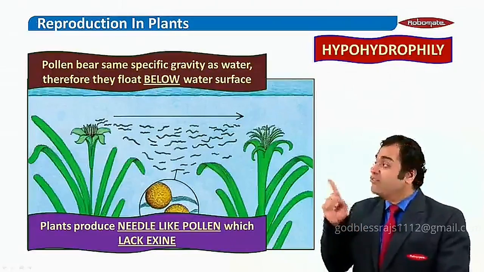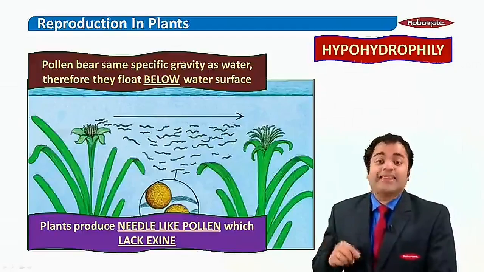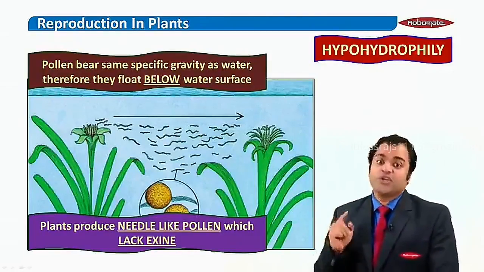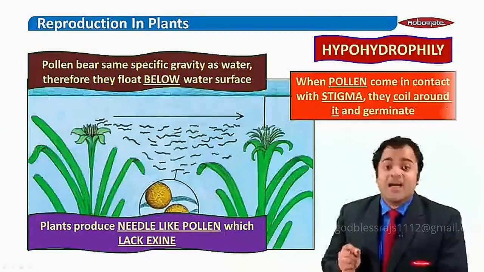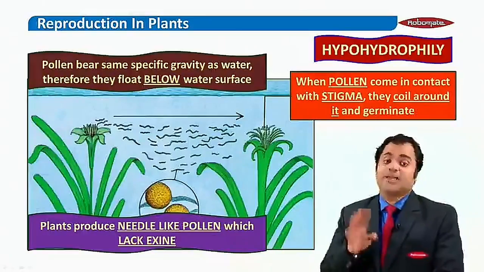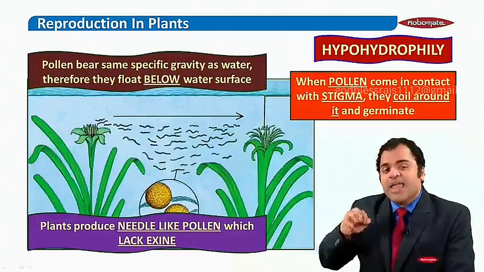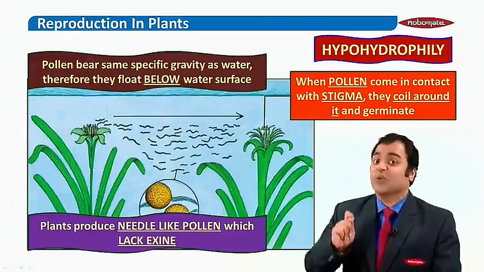Therefore, they can float below the water surface. Does that make sense? And then what will happen? This pollen, with the help of water, will move towards that sticky stigma. Does that make sense? And when it does, you should know that the pollen will come in contact with the stigma and then coil around the stigma and will start germinating and ensure that fertilization will occur.